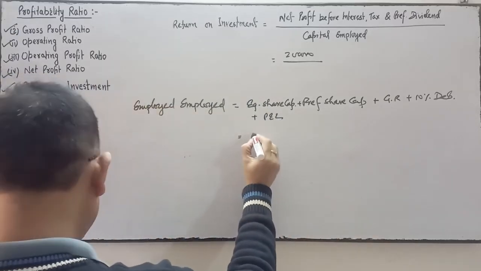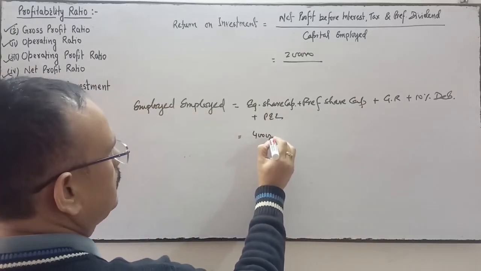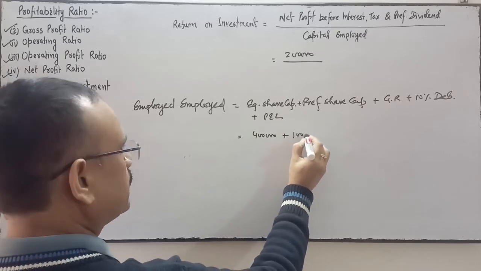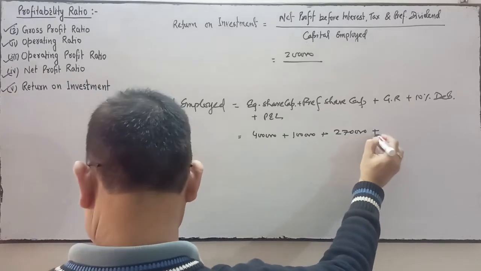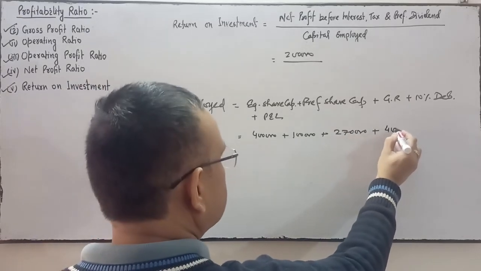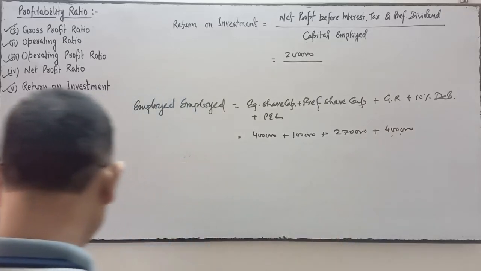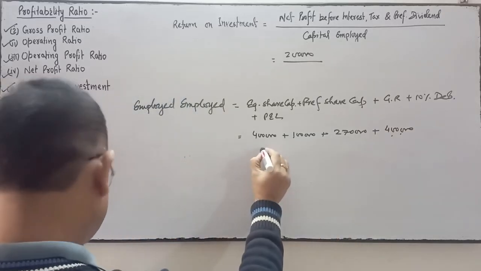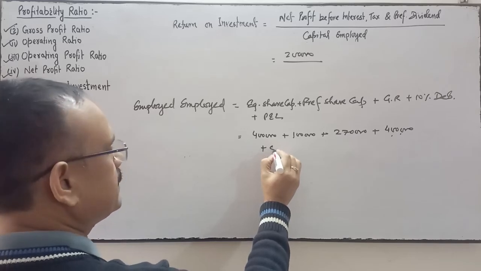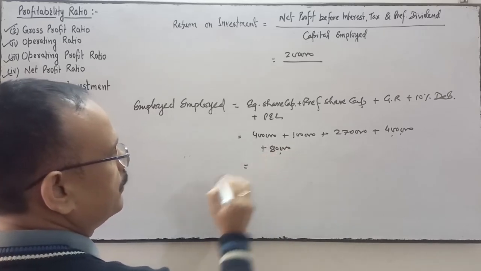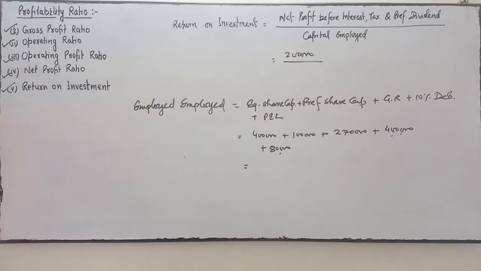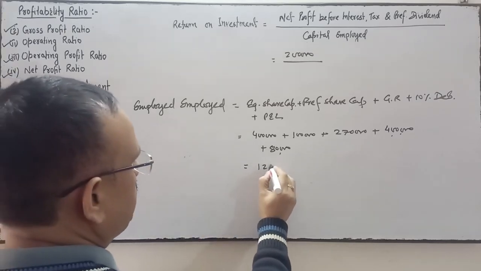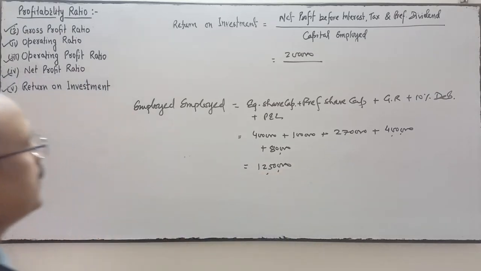share capital is 4 lakhs, preference is 1 lakh, general reserve is 2 lakhs 70, 10% debenture given is 4 lakhs, plus net profit after interest and tax 80,000. So the total is 4 lakhs plus 1 lakh, 5 lakhs, 6, 7, 11, 12 lakh 50,000. 12 lakh 50,000 is the capital employed.